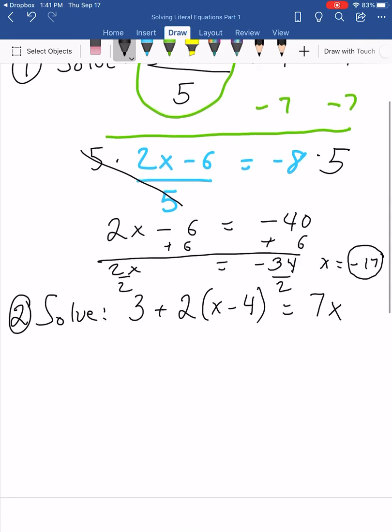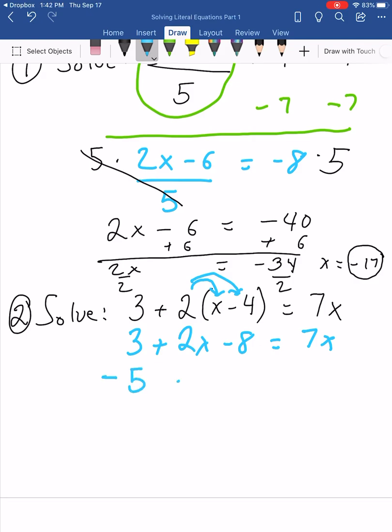Number 2. So we have parentheses over here. That means the 2 is going to be distributed. The 3 isn't being distributed, so we'll just bring that down. 3 plus 2 times x, 2x. 2 times -4, -8 equals 7x. All right, so now we have like terms over here. 3 and -8 makes -5.